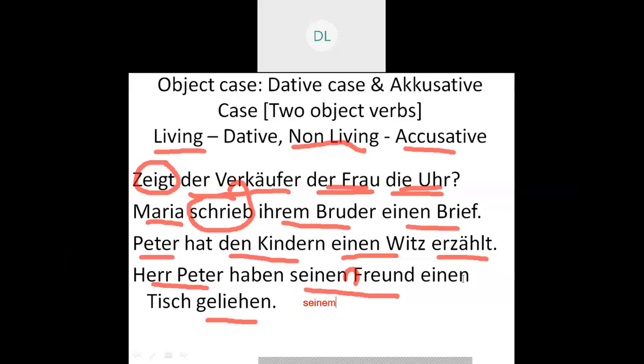And if I have the double object verbs, then living and non-living accordingly we'll go ahead. So it is very much expected of you to study the pure accusative verbs, pure dative verbs, and the double object verbs, so that it will be easier for you to go ahead and master German.